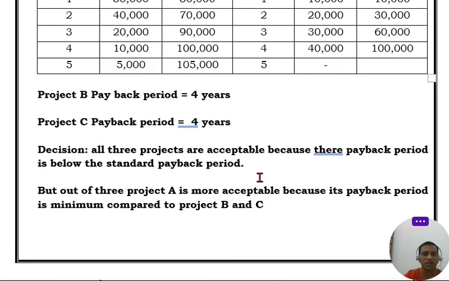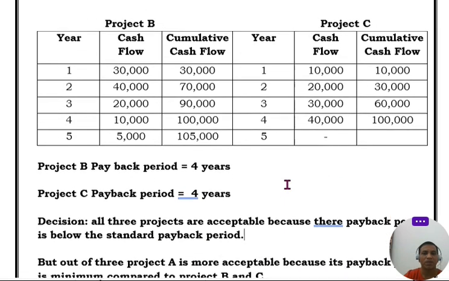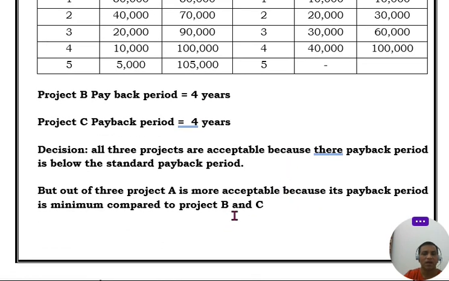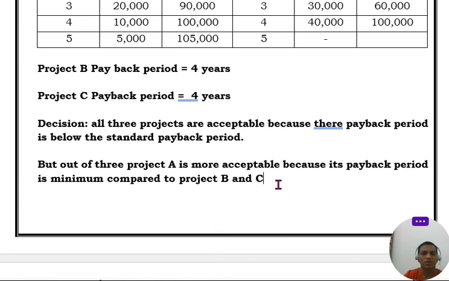That's why first you can write down all three are acceptable, because all three payback periods are below the standard payback period. But still, out of three, the most acceptable is project A, because it is minimum: only 3.33, compared to 4. So comparatively A is more suitable, but all three are acceptable.